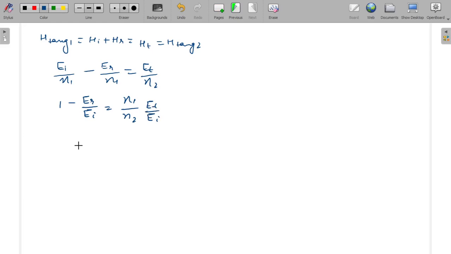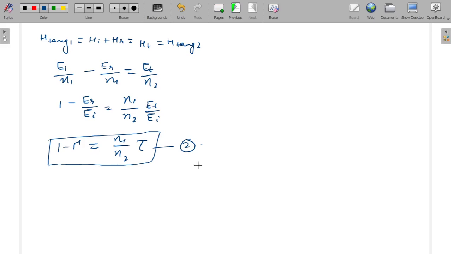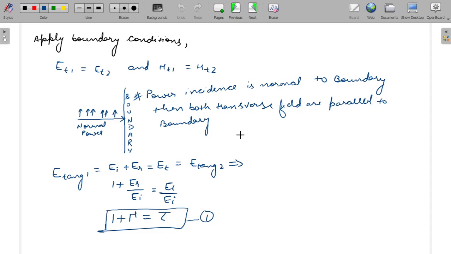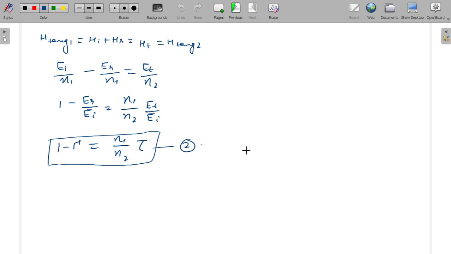Now Er by Ei is the reflection coefficient, so 1 minus big tau, N1 by N2, keep it like this, and Et by Ei is the transmission coefficient, small tau. This is our equation number 2. Now our equation 1 is given as 1 plus big tau is equal to small tau.